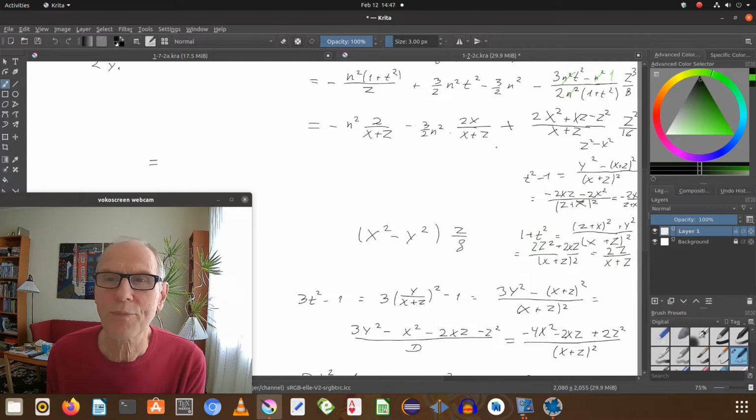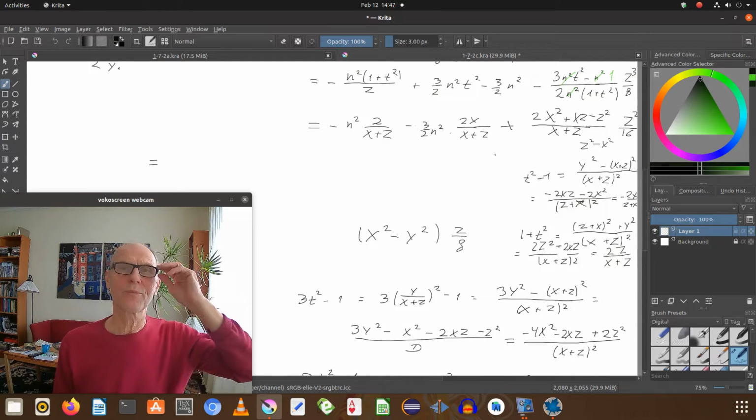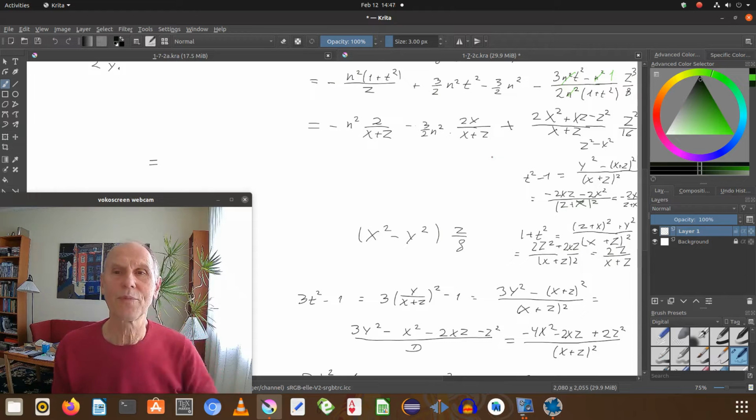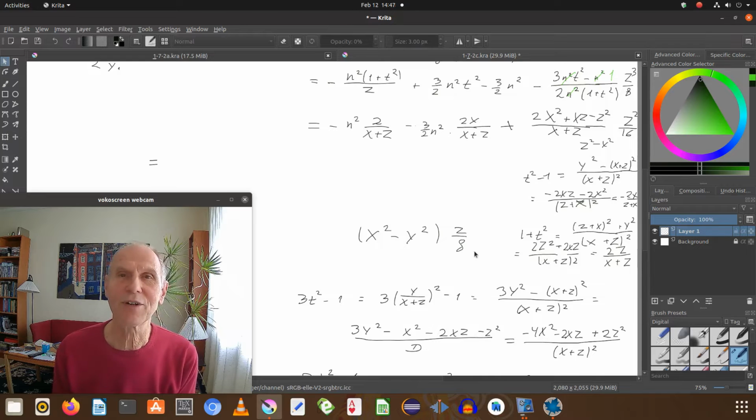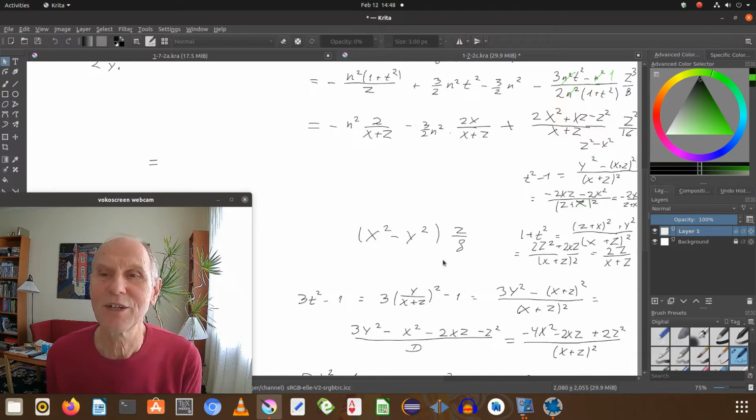So you're probably seeing me doing some by far too complex algebra to get a real simple result. Of course, not quite simple, but it's not extremely complicated. So I think I'm overcomplicating stuff.